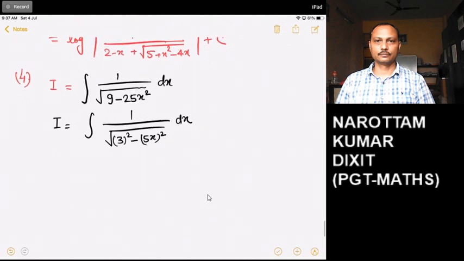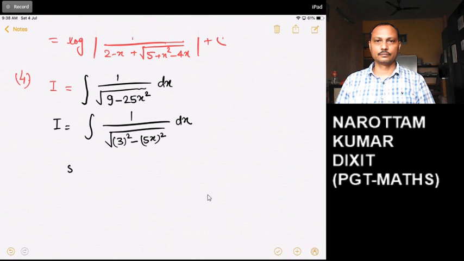Now let us take 5x equals to 3 times of t. If we take 5x equals to 3 times of t, then 3 square will be common in both terms.